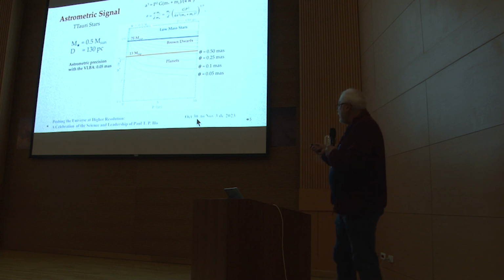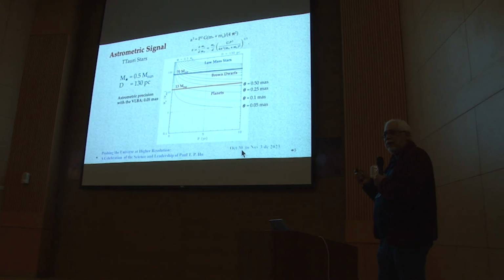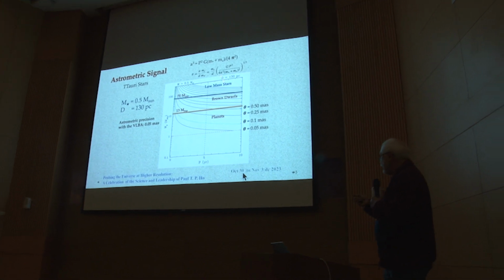In this example, this is theta star in Ophiuchus, a half mass star. This is the mass of the companion, this is the orbital period. So you see, the only thing that we could find here is low mass stars and brown dwarfs, and it would be very, very hard to try to get a super planet. But it might be possible.